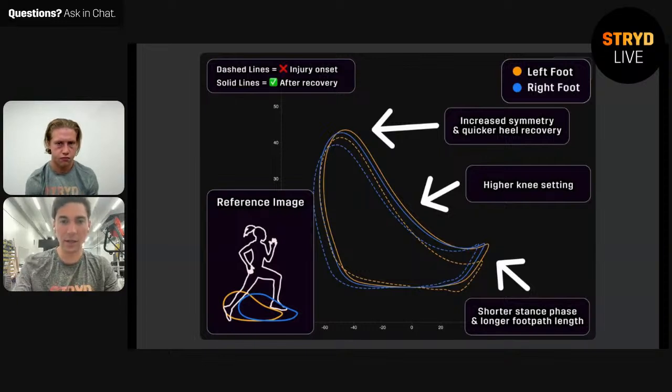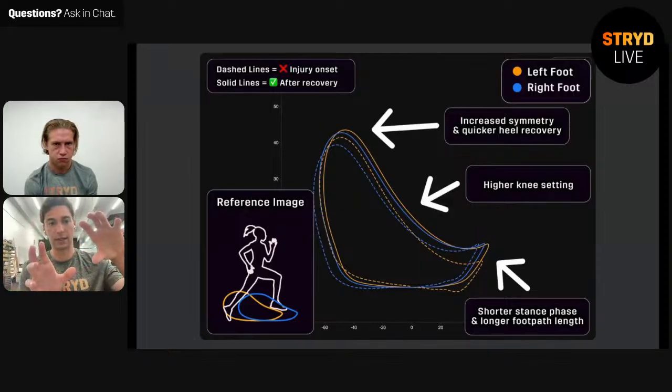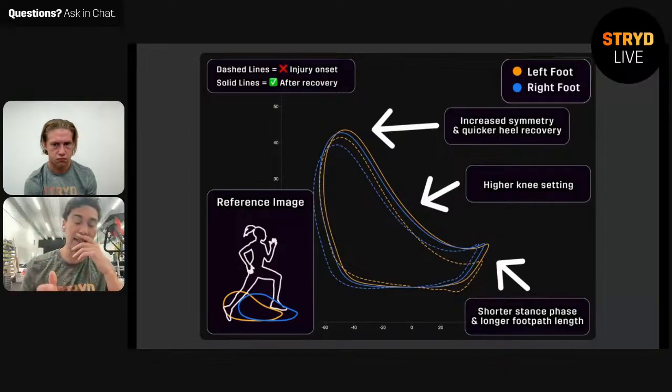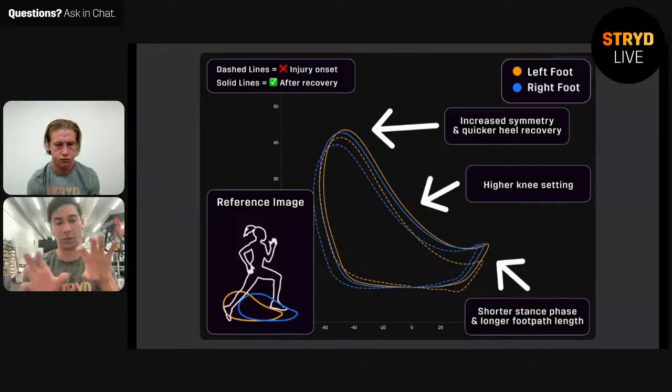The dashed line on that left orange foot is tilted down, and that's the side the injury was on. As you look towards the solid orange line, it shifts back up and becomes more symmetrical with the blue right leg. That shows his injury progression over time in terms of symmetry, and he's not compensating anymore.